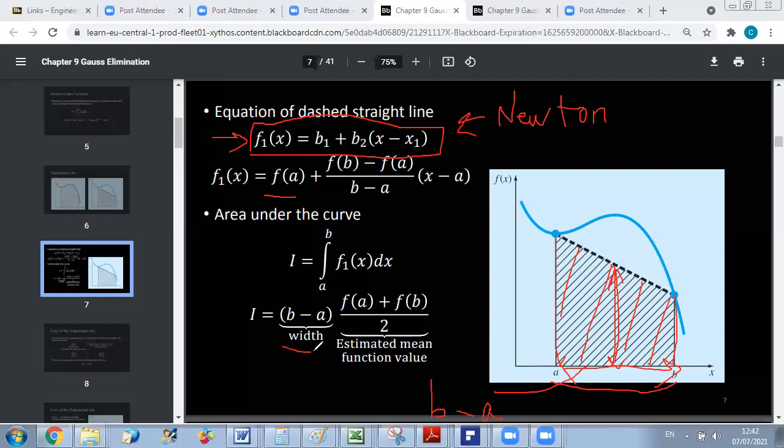So this represents the width of my trapezoid, and this represents the average height, which is here an estimation of the mean function value, which in the trapezoidal method is the normal average that we know, (f of a plus f of b) over 2. So now this is the general form to calculate the integral using the trapezoidal rule.